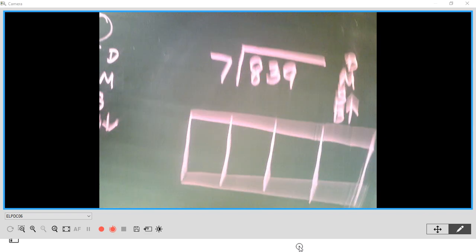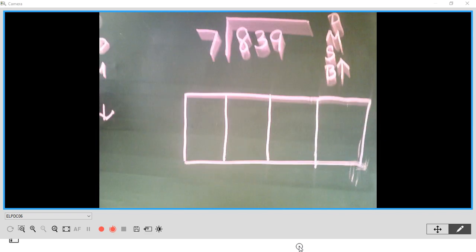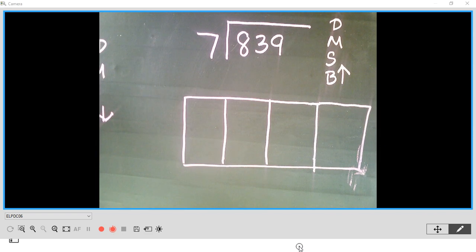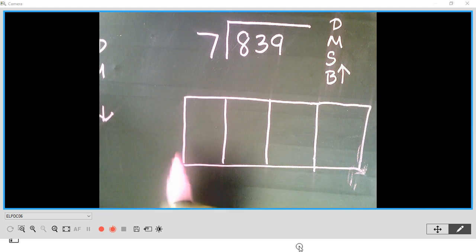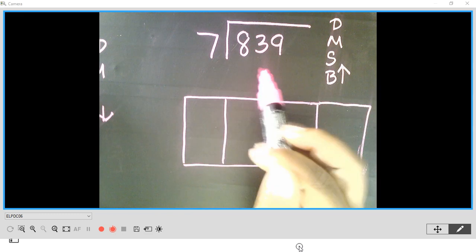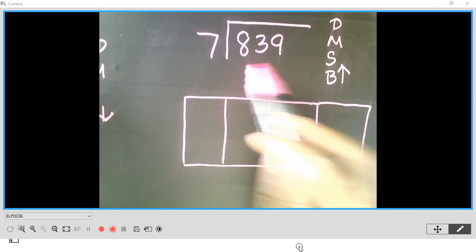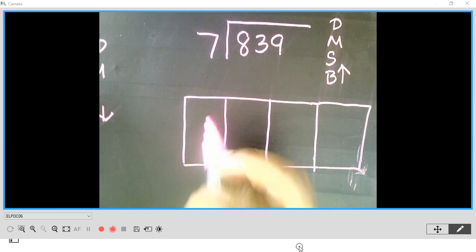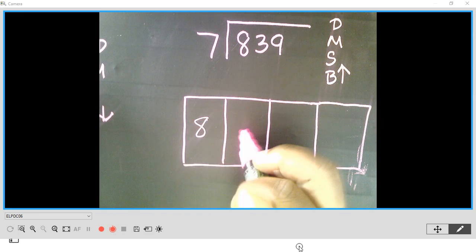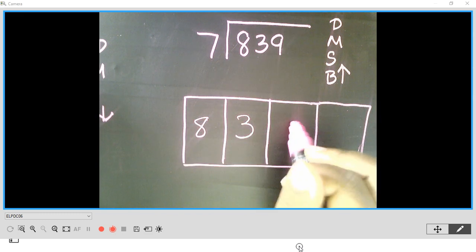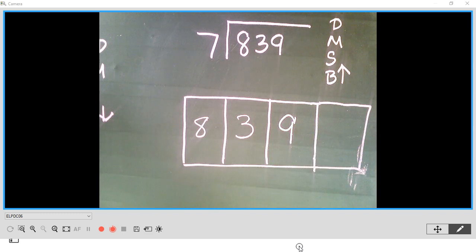Now, let's try this same problem using the box method. But this time, instead of divide, multiply, subtract, and bring down, I'm going to divide, multiply, subtract, and bring up. I'm going to put in my numbers that I'm dividing. My numbers that I'm dividing are 8, 3, and 9.